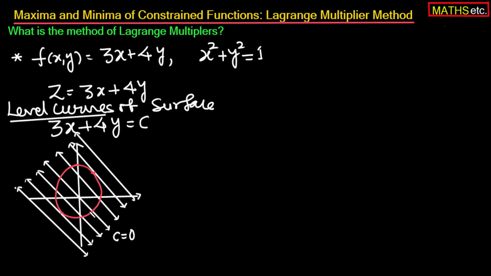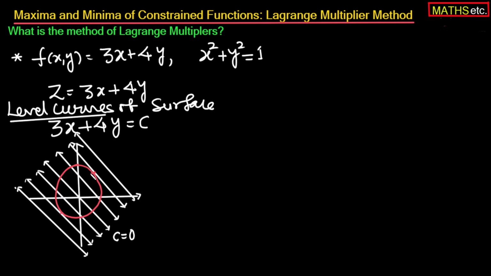So this is our unit circle, x² + y² = 1, and we have to find maxima and minima of the function f = 3x + 4y at only those points which lie along the circle. So these are the possible points which are common to these level curves as well as the circle. It could have a maxima or minima at this point, this point, this one, and so on.